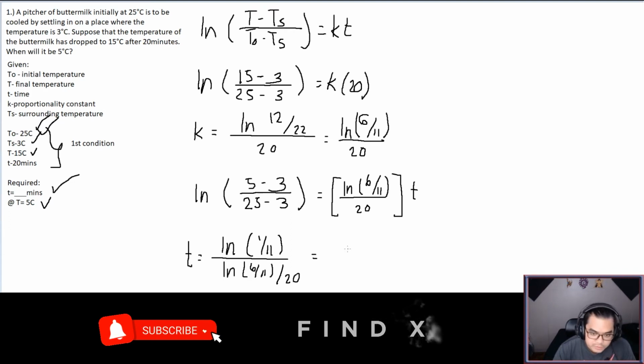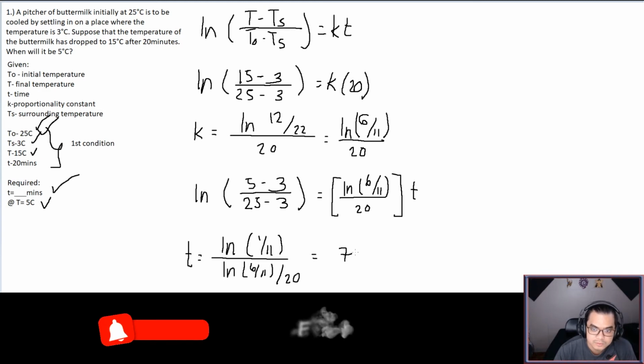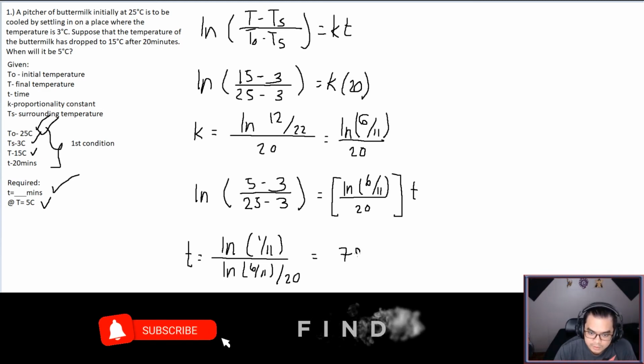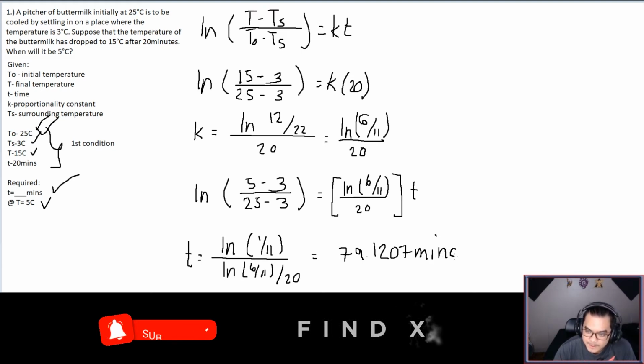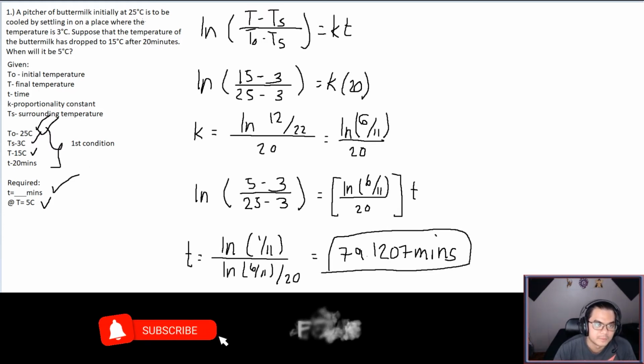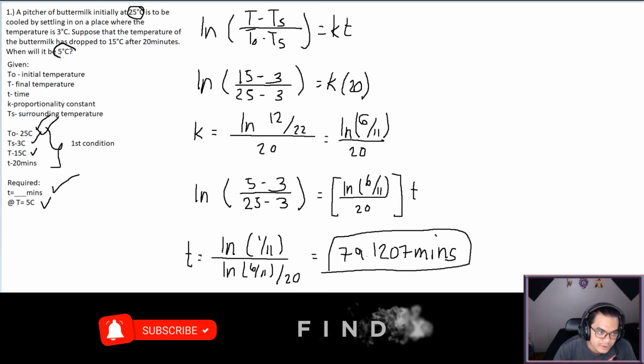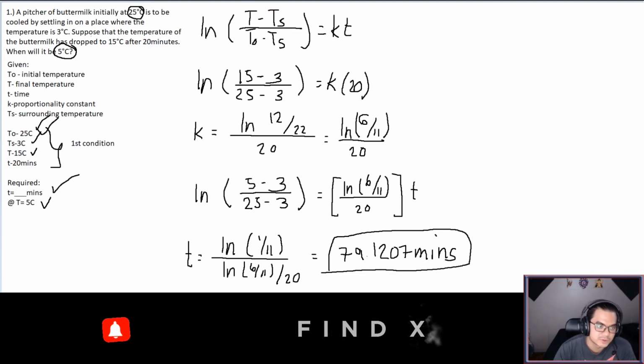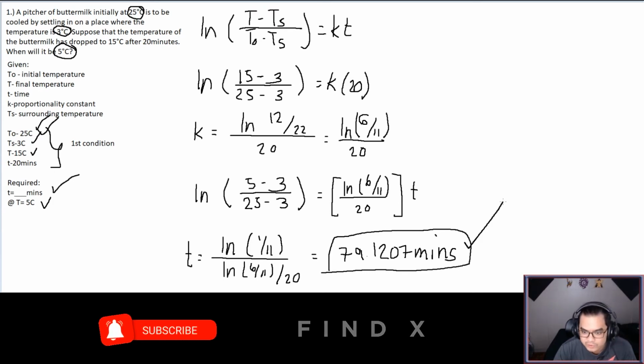The answer that I got is 79.1207 minutes. So it will take the substance to cool from 25 up to 5 Celsius, considering that the temperature of the surrounding is 3, after 79 minutes.